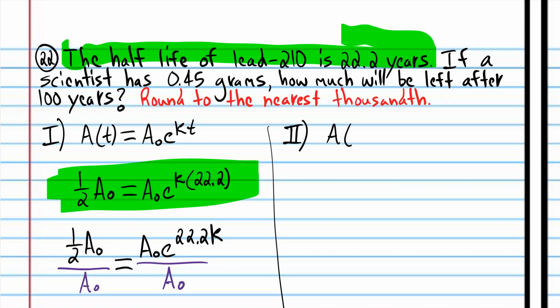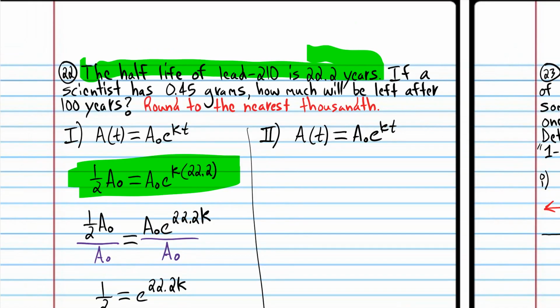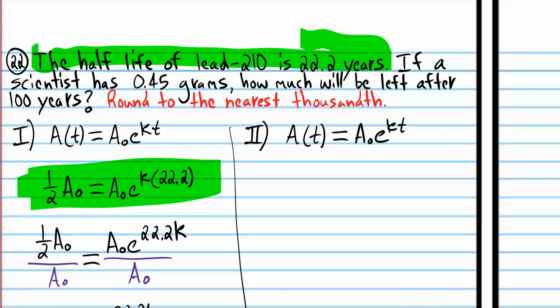Step 2 is to use our equation to find out how much material is going to be left after 100 years. So we're going to plug in 100 for T. Our initial amount is 0.45 grams. We know our k value is negative 0.03122.